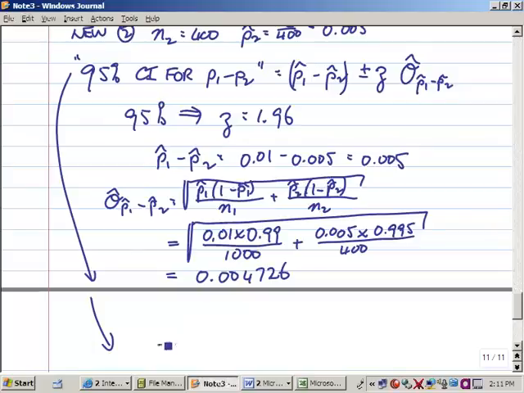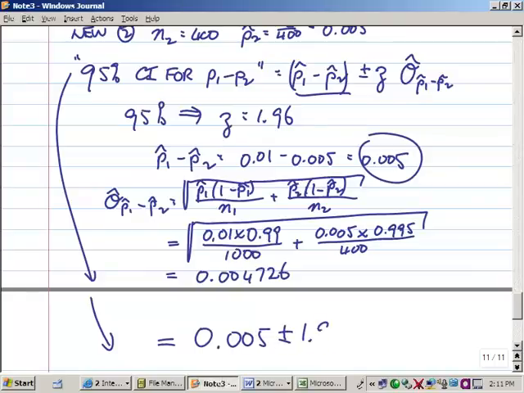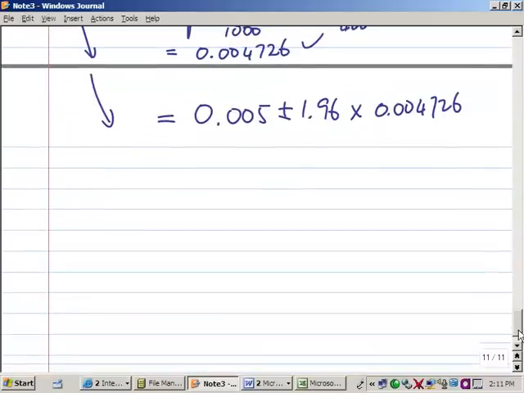Alright, so our 95% confidence interval is the sample difference, p hat 1 minus p hat 2. It's 0.005 plus or minus the z value, 1.96, times the standard deviation, 0.004726.